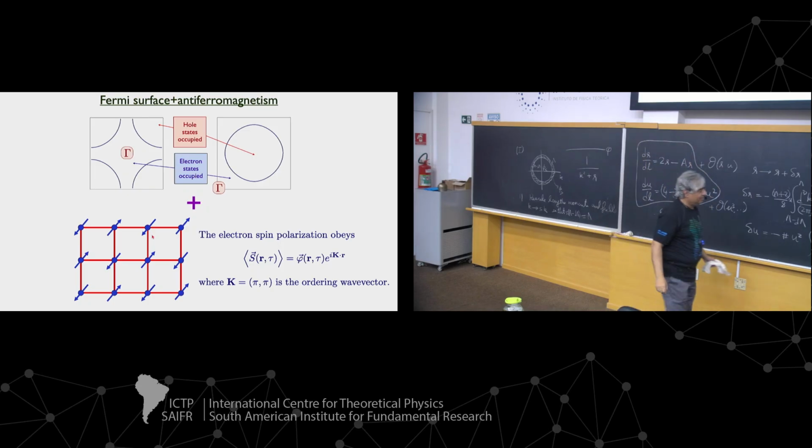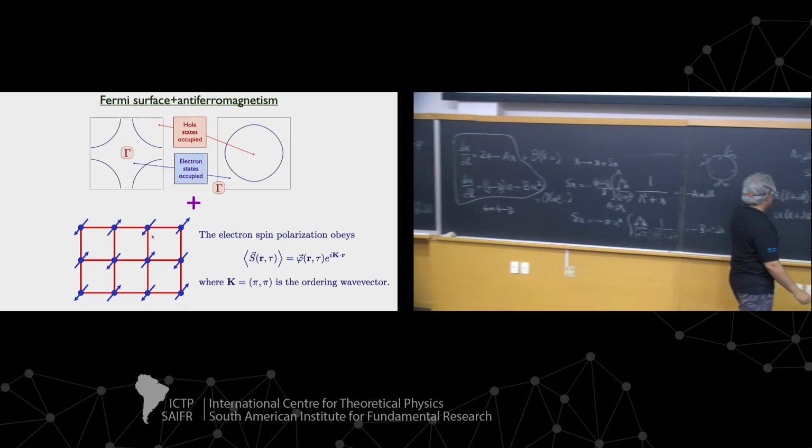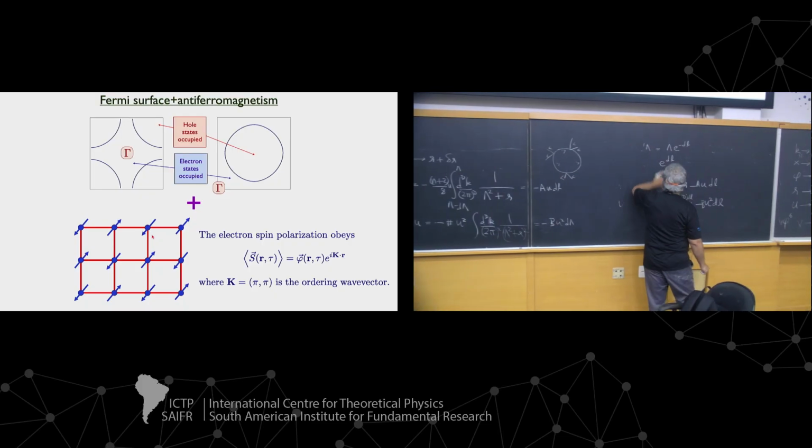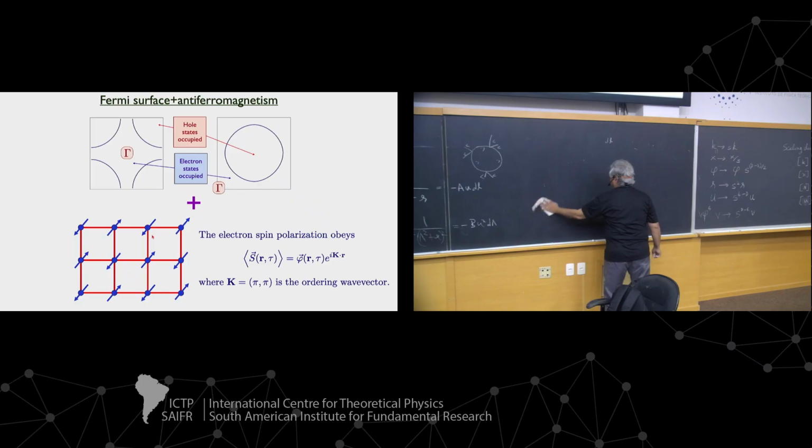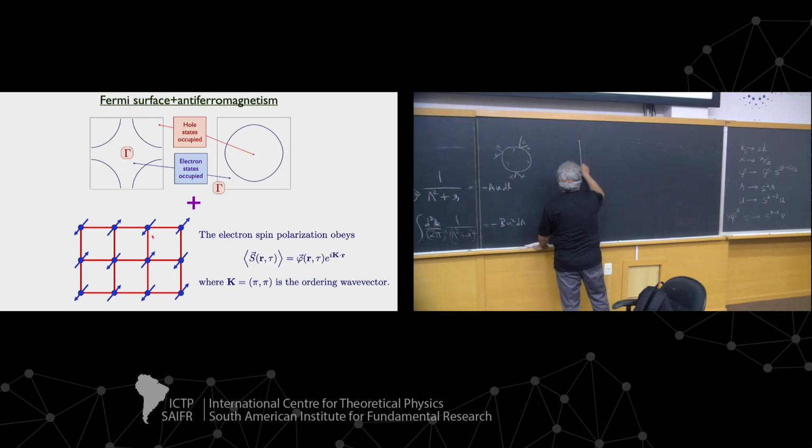Okay, so let me see if I get this right. If you just solve those equations, they give you some flow in the RU plane. So we're going to draw this as a function of u and r. U will always be positive, but r can have either sign.